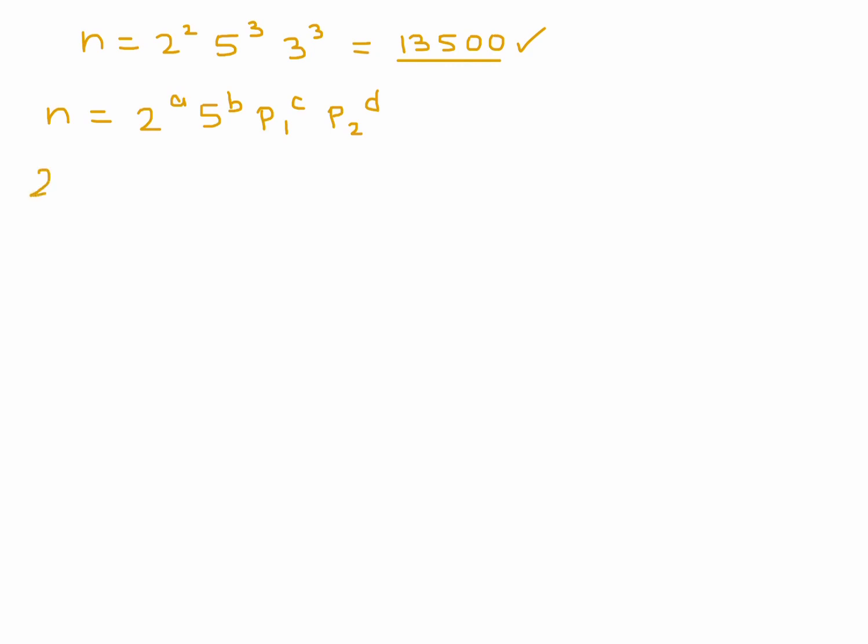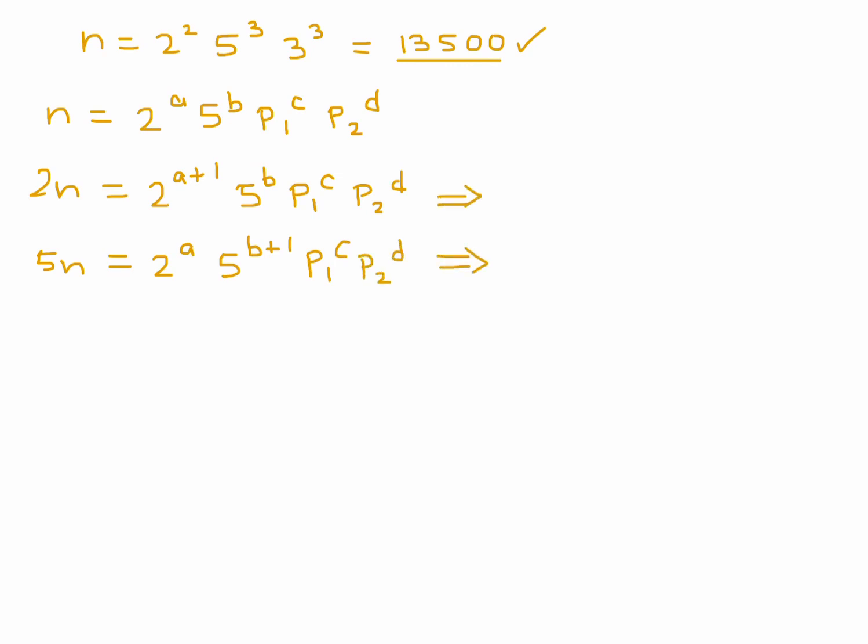And therefore 2n would be 2 to the power of A plus 1 times 5 to the power of B, P1 to the C, P2 to the D. 5n would be equal to 2 to the power of A, 5 to the power of B plus 1, P1 to the power of C, P2 to the power of D.